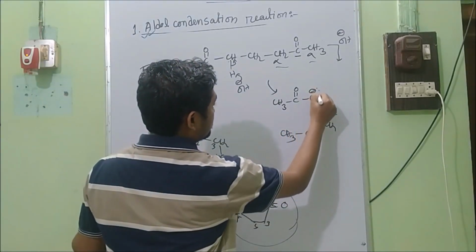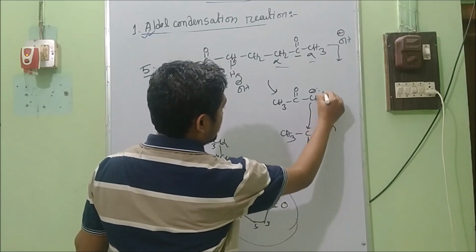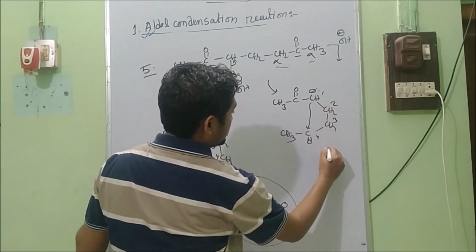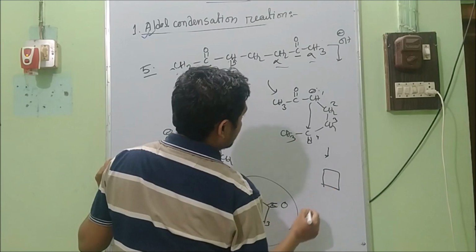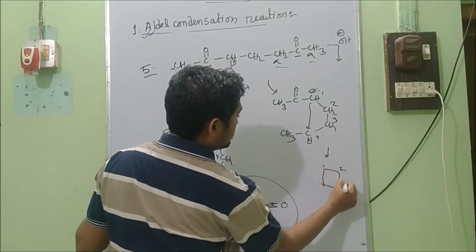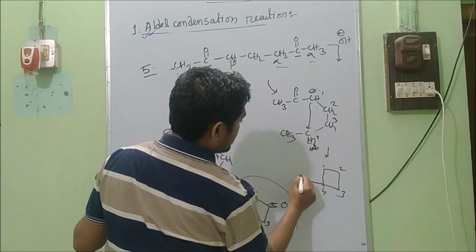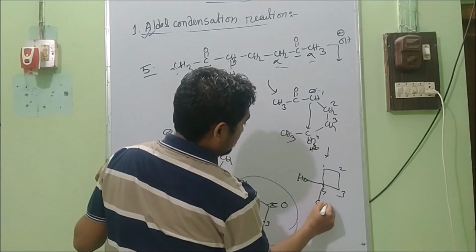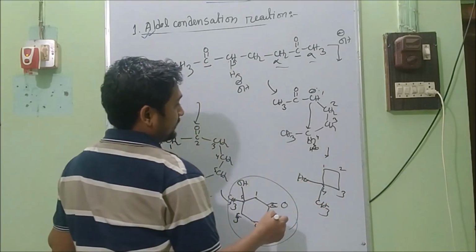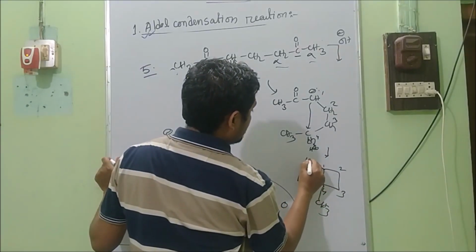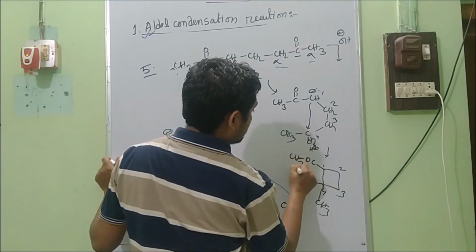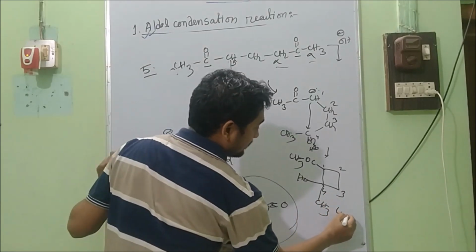So this negatively charged carbon will attack at this 1, 2, 3, 4. So it will be a 4-member ring. This is 1, 2, 3, 4. So at 4 there is an OH and there is a methyl group, and at 1 there is a COCH3. This is a 4-member ring.